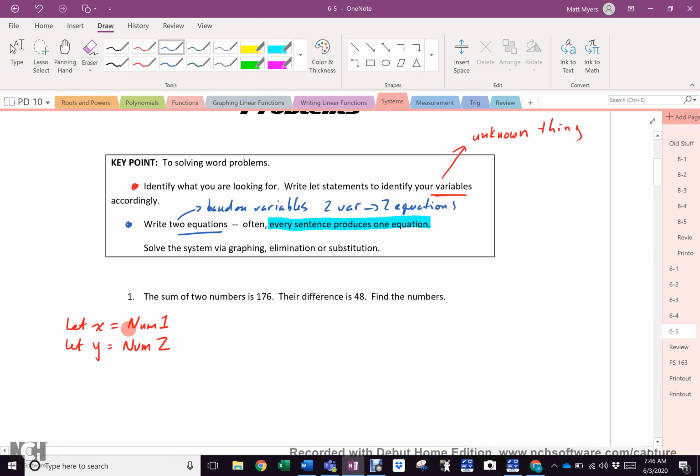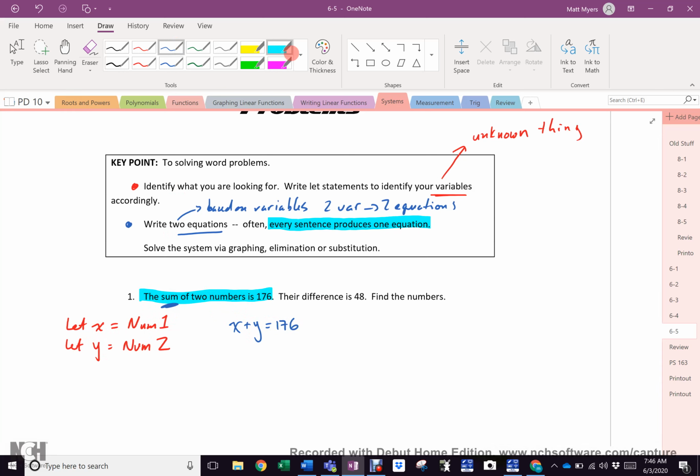Well, I got a sentence here, let x equal number 1, let y equal number 2. The sum of two numbers, there is a sentence. The sum of the two numbers is 176. So if x is number 1, x, the sum is add, plus y equals 176.